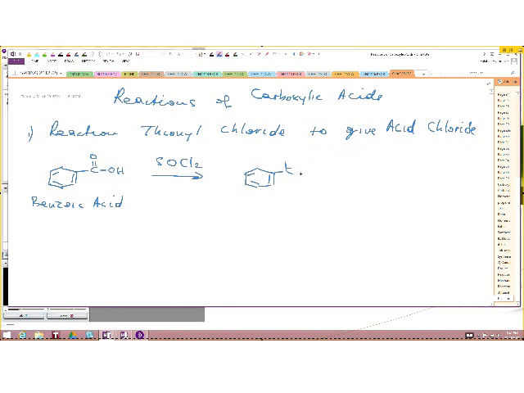The difference here, we are dealing with a different molecule, so we call this an acid chloride. In this case, benzoyl chloride. But the general name for this class of compounds is acid chloride, in which you have a carbonyl attached to a chlorine atom, and that carbonyl is attached to a carbon atom.